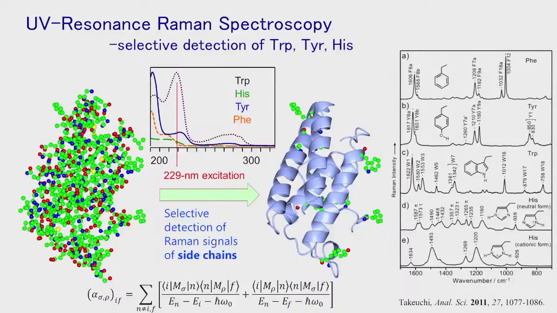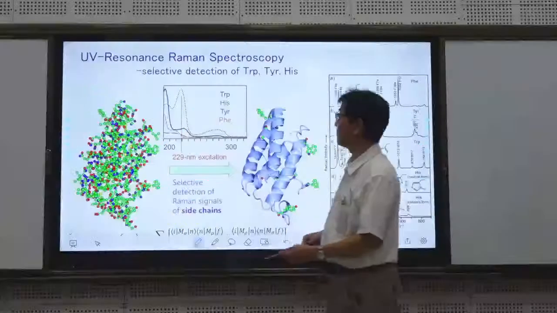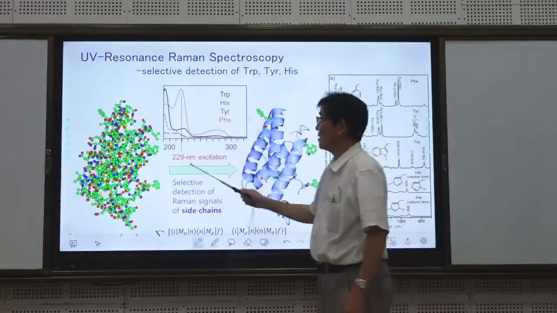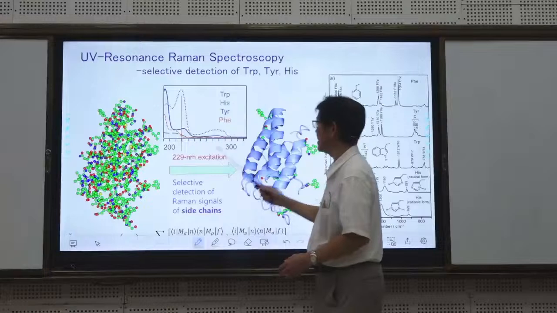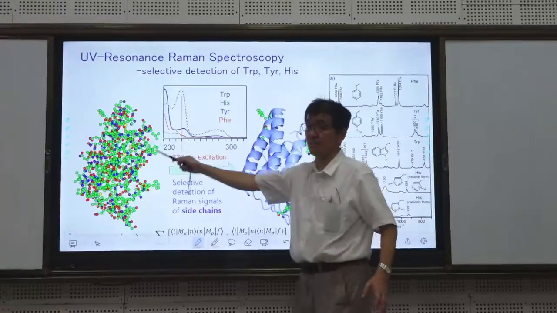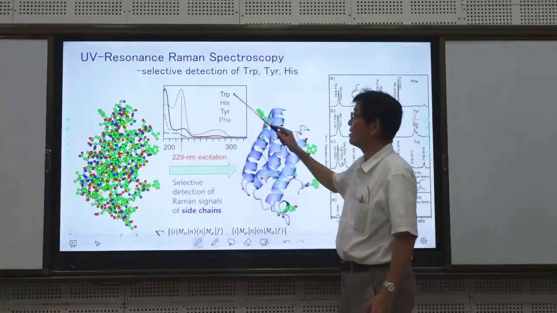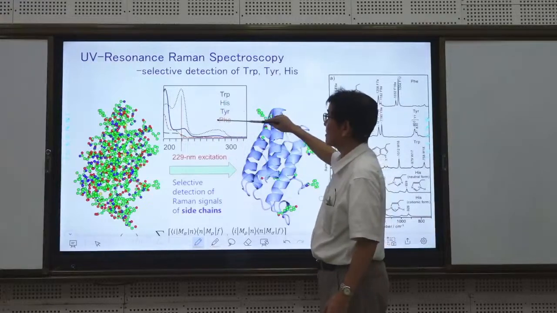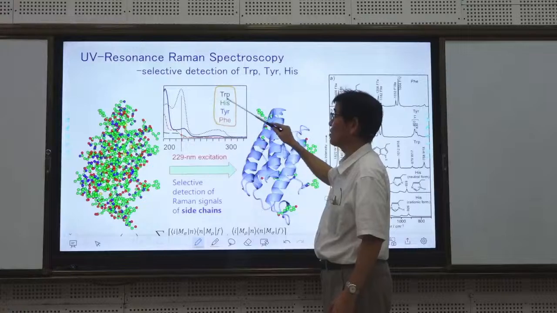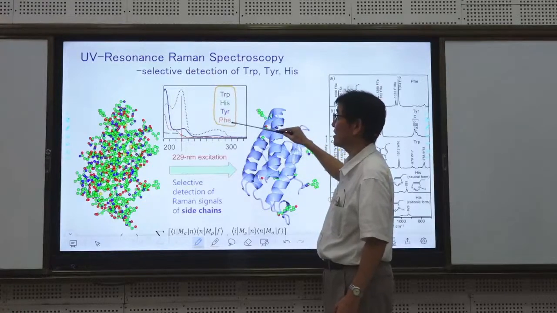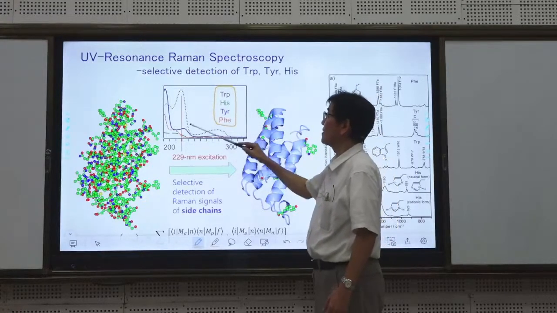Okay, this is the protein structure and it consists of many atoms. And we can separate it into main chain and side chain. And here is the visible absorption spectrum of tryptophan, histidine, tyrosine, phenylalanine.